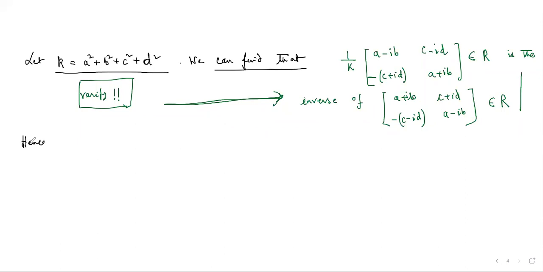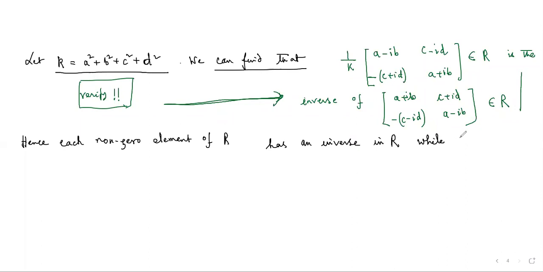Hence, after all this, what we have got is that each non-zero element of R has an inverse in R, so R is a division ring.